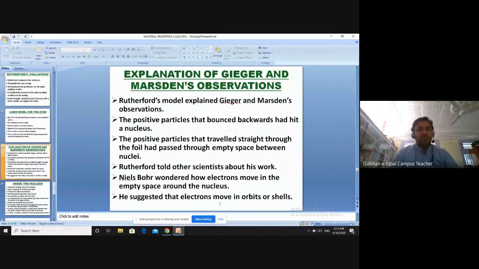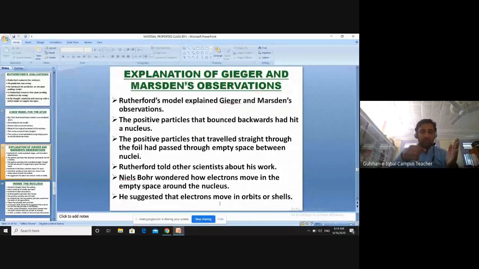Now, the explanation of the Geiger and Marsden model and observation, the experiment which they performed. Let's see what Rutherford explained for them. You have completely seen the experiment, what happened in the experiment. Now Rutherford is explaining those points which he observed. Number 1, the positive particles that bounced backwards had hit a nucleus.